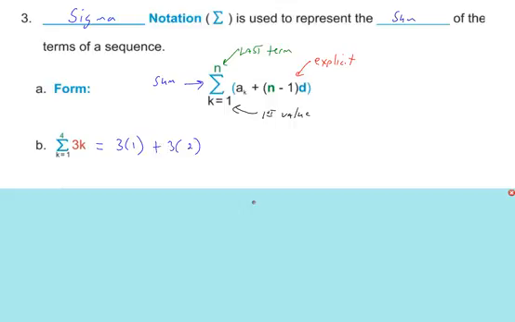K would be 2. The third term? K would be 3. And the fourth term? K would be 4. You're going to sum up the first 4 terms, so it's 3 plus 6 plus 9 plus 12, and all of that is 30.